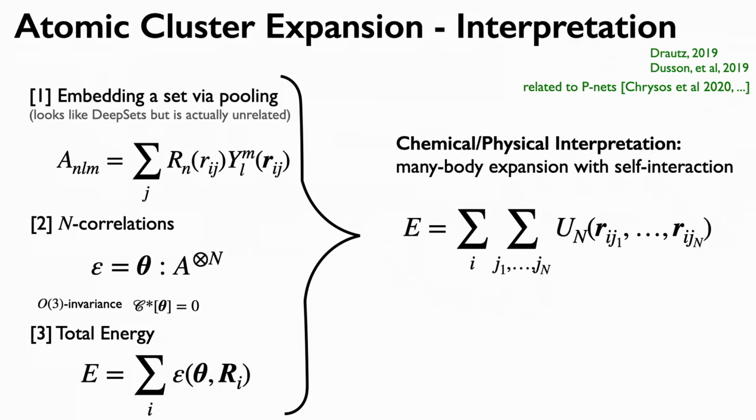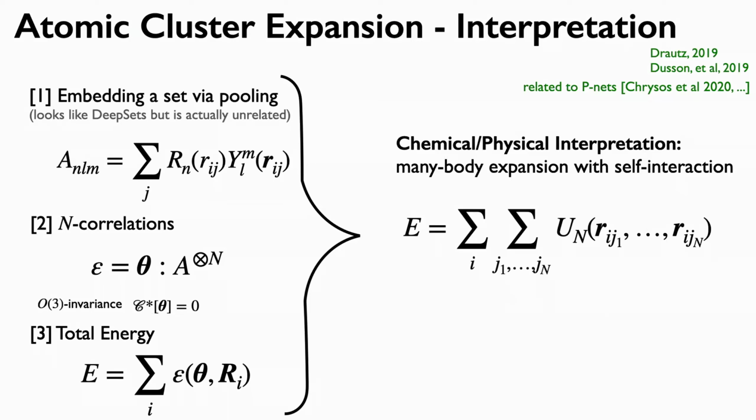And it turns out that if you start from a many-body expansion and then you take a tensor product expansion of these n-body potentials, and you reorganize the algebra a little bit, you end up with exactly the same thing. So basically, each of these entries in the parameter tensor can be interpreted as a parameter of these n-body potentials. There's a very clear connection between the two.